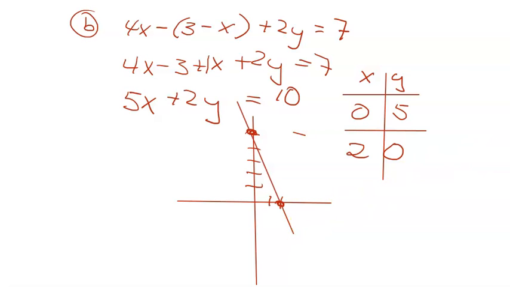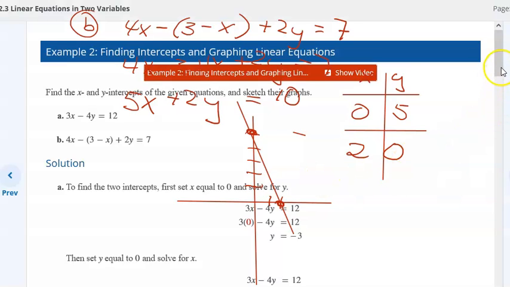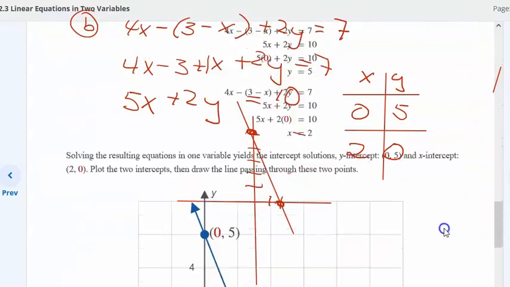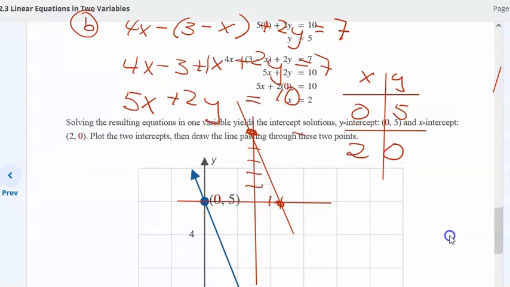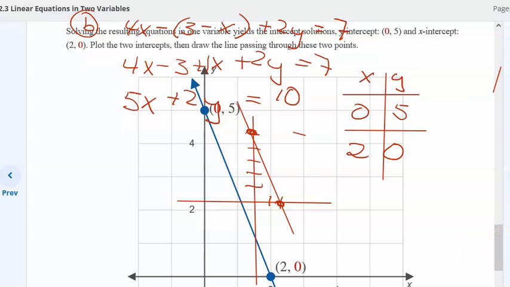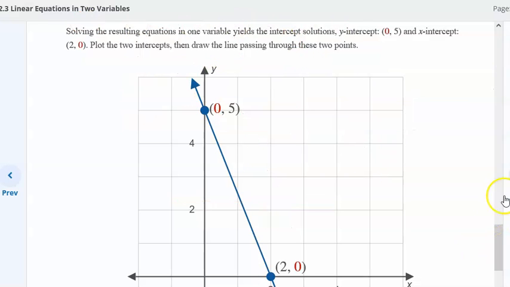And let's check it out and scroll down. They're saying you can also, of course, use graphing calculators there. Clear that up so you see it better. And there it is.